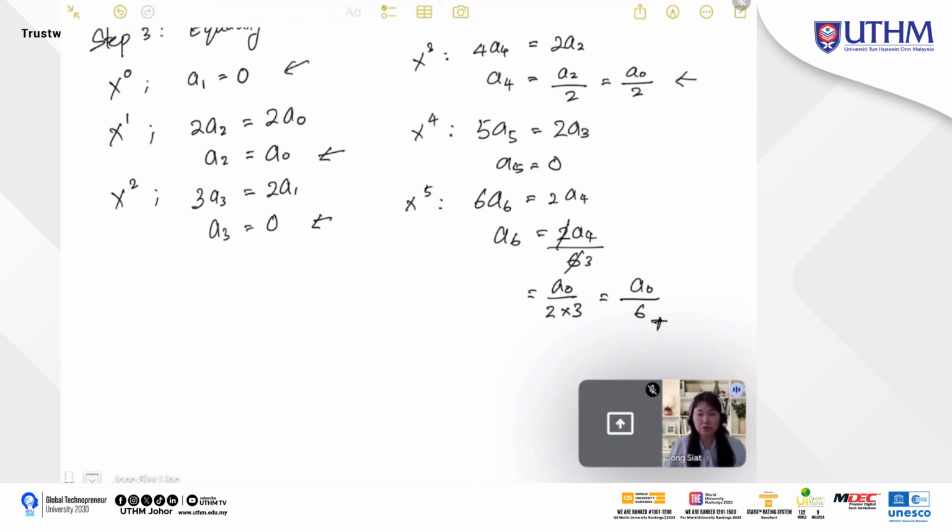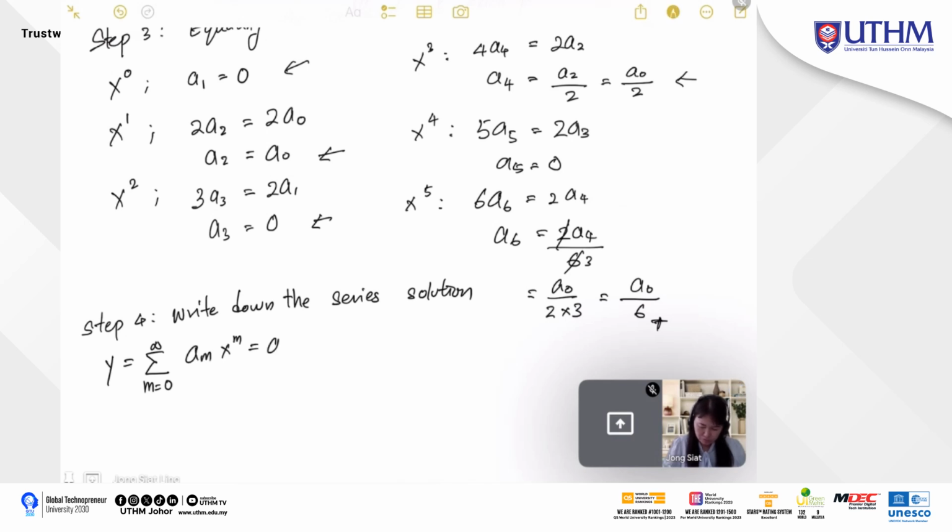Let's continue with the next step, step number 4: write down the series solution. So y equals the summation. I copy back the y equation: a0 plus a1x plus a2 x power of 2 plus a3 x power of 3, then plus a4 x power of 4.